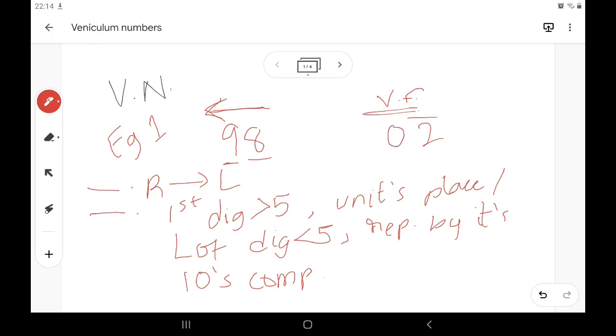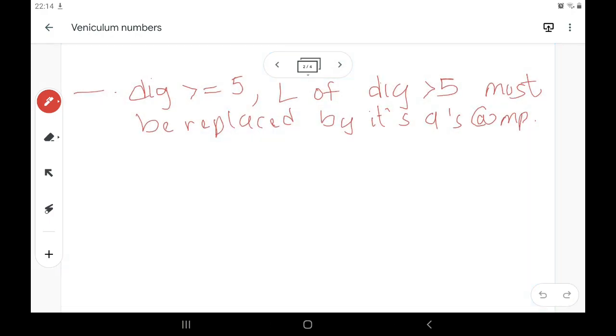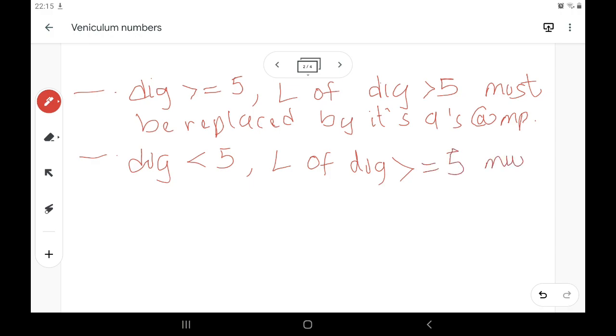Now, the fourth rule is a digit less than 5 to the left of a digit greater than, or sometimes equal to, 5 must be incremented by 1.